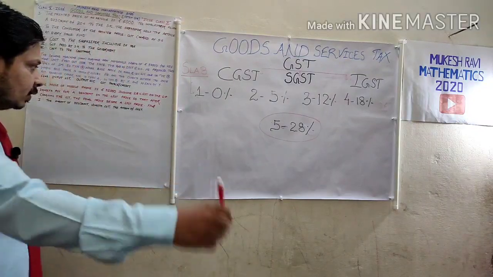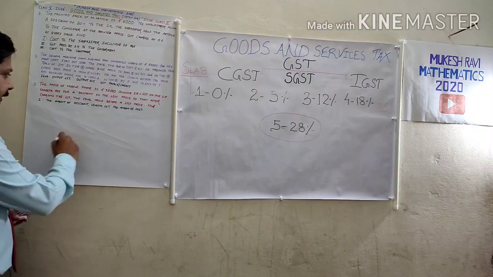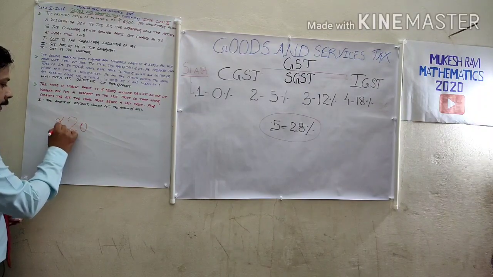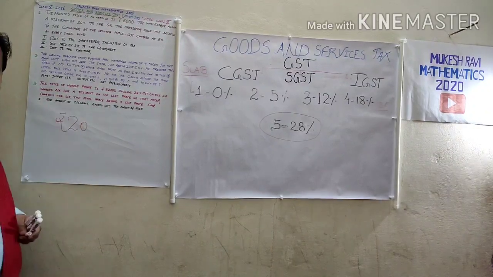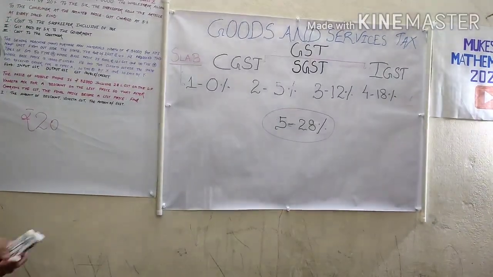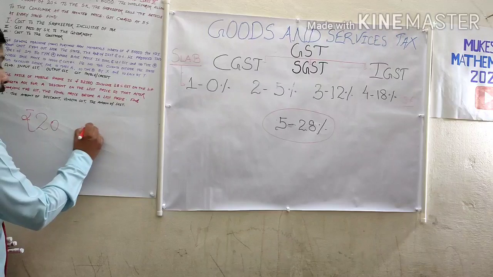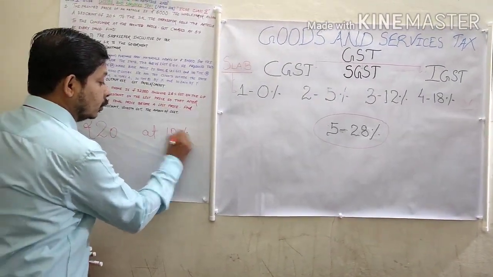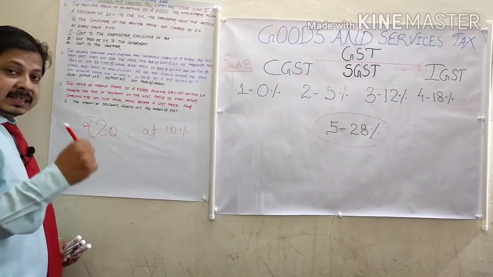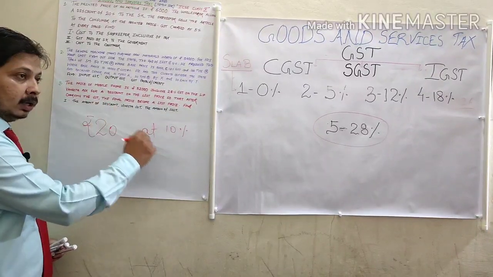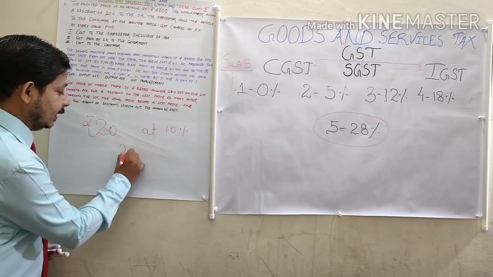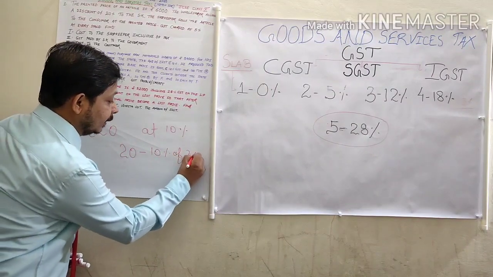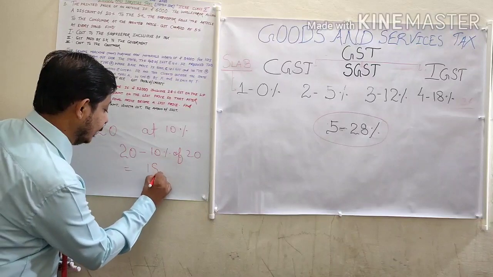Suppose I write here a 20 rupees pen, available in the market at 10% discount. Then what is the selling price for the customer from the shopkeeper? 20 minus 10% of 20, that is 18.